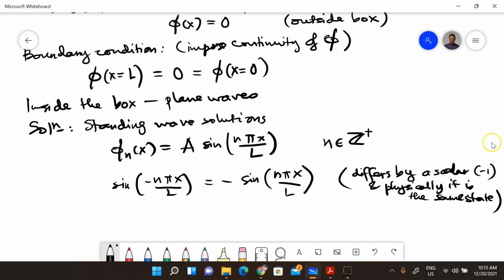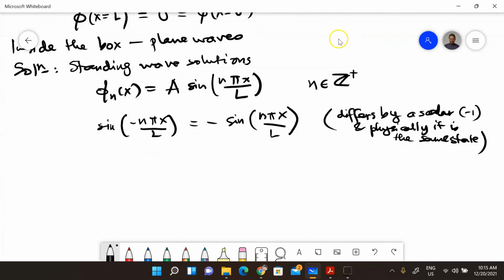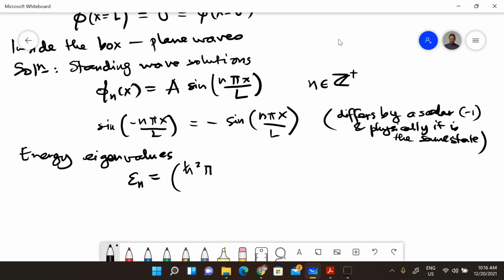Remember that these are essentially energy eigenfunctions, so one could actually write down the energy eigenvalues. And they are given by the following: epsilon n equals, n is labeled by these integers. Again, for the details, you can look at how to solve the Schrödinger equation in your quantum mechanics notes.